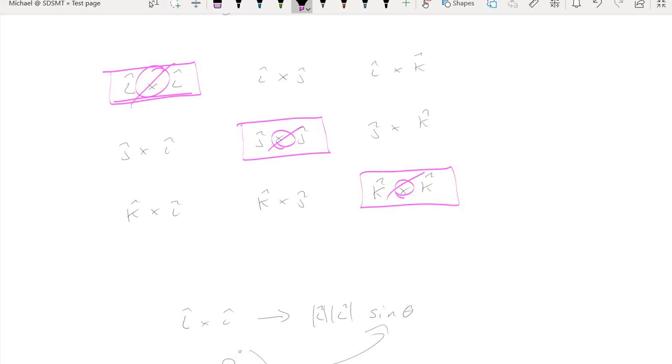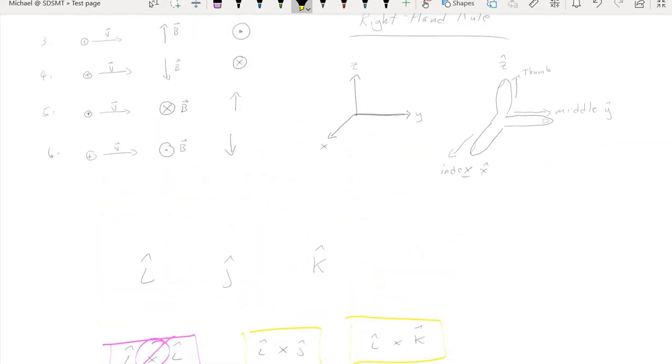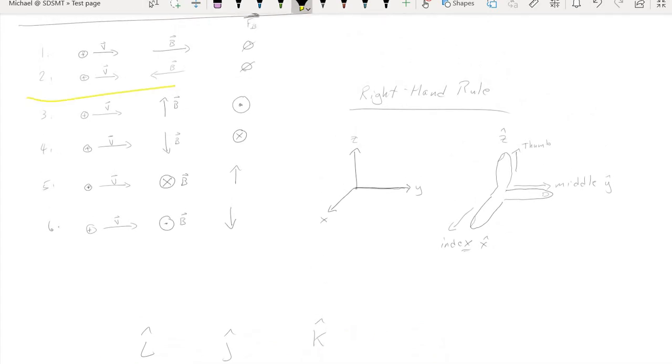But every other combination has some kind of 90-degree relationship between these components, just like all of these had.